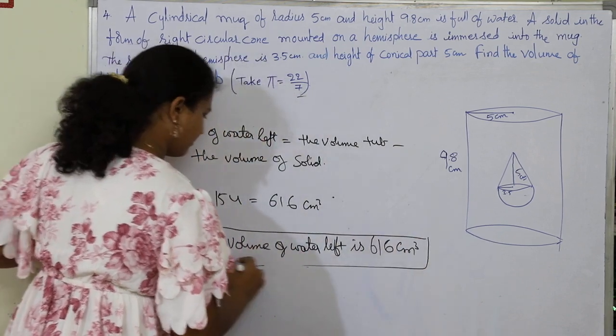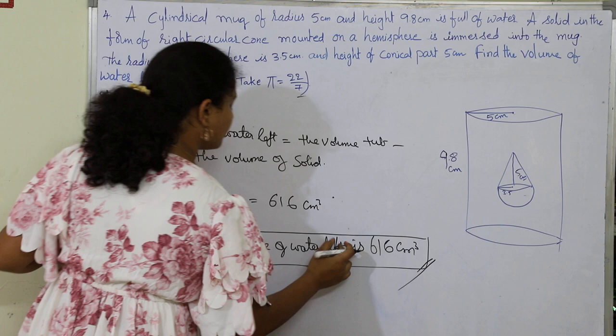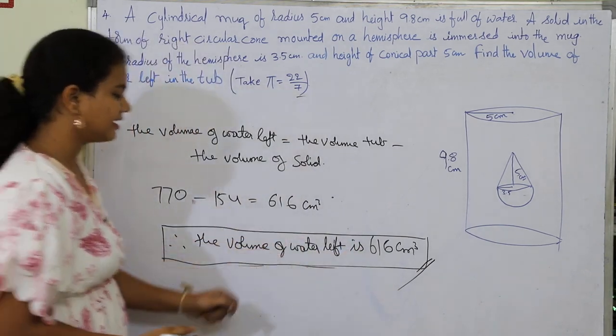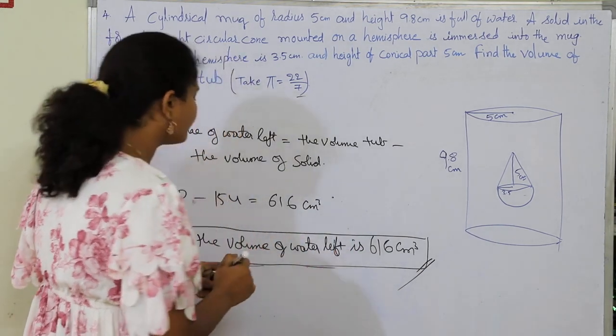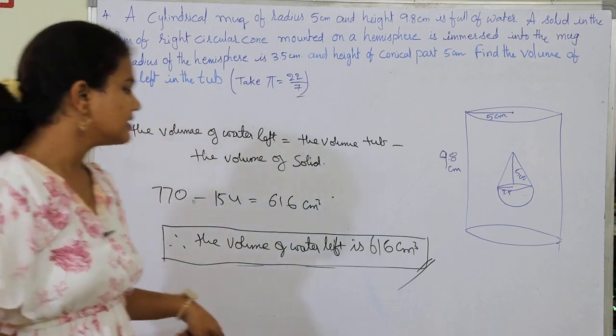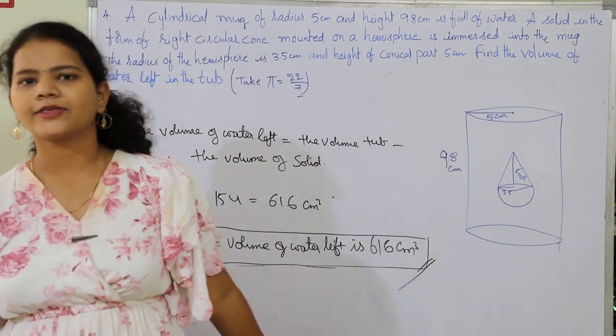Done. Let me write it like this: the volume of water left in the given tub is 616 centimeter cube. Thank you.